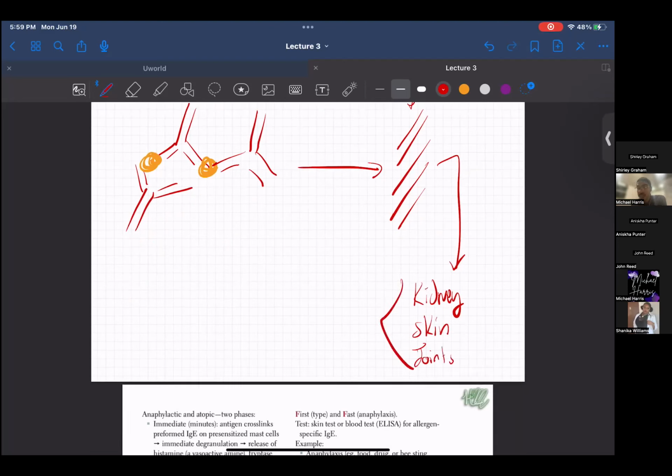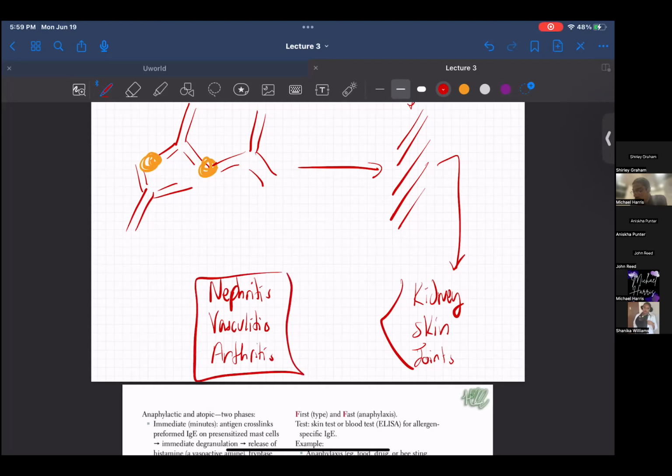So the typical symptoms you present with are nephritis, which means inflammation of the kidneys; vasculitis, which means inflammation of the blood vessels; and arthritis, which means inflammation of the joints.